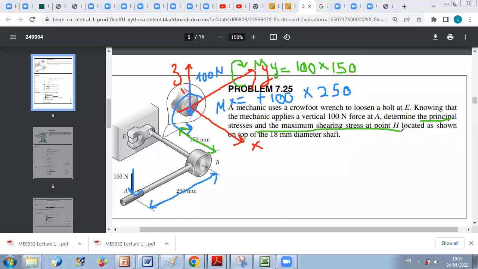You know that the first step will be to determine, for this force in the directions given in x and y, what is the state of stress. So now let us illustrate the element of interest, this top element here. If we illustrate this element, we have the following. We can draw a 2D representation of this element. This element is subjected to plane stress because it's at the free surface. This is our element.